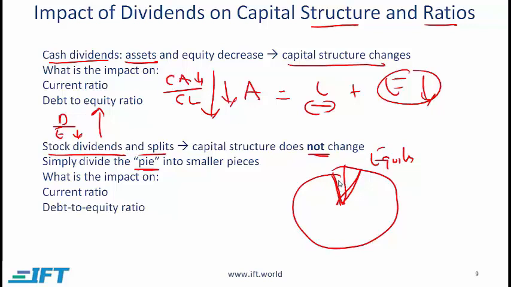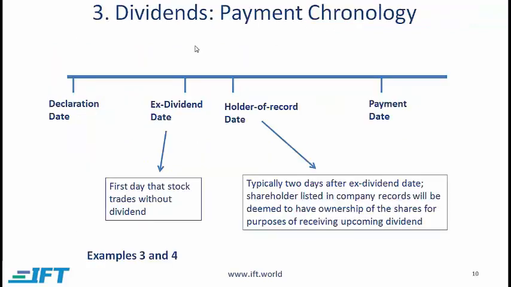So notice that now we have smaller pieces, but the total equity or the total pie does not change. Hence, there is no impact on the current ratio and there is no impact on the debt to equity ratio. We'll now talk about payment chronology.